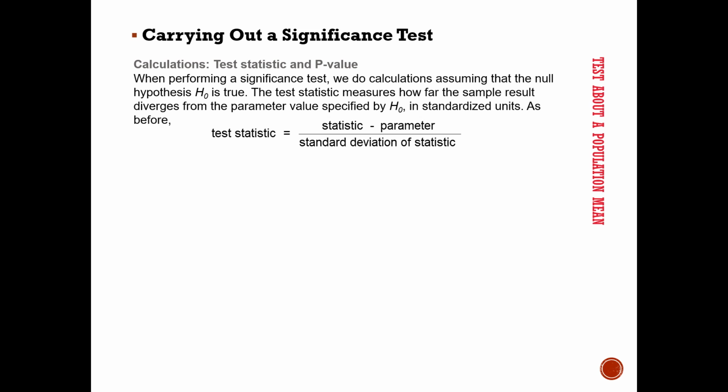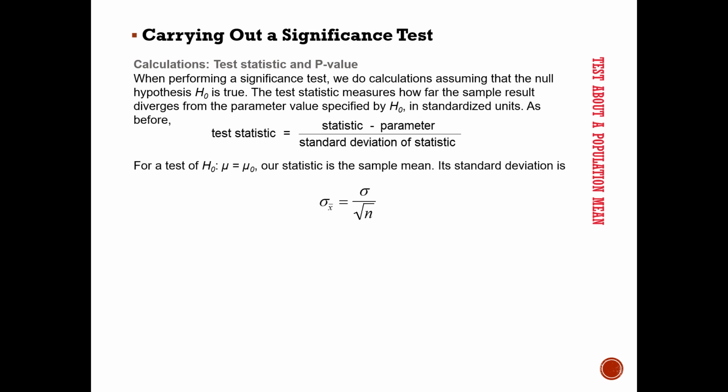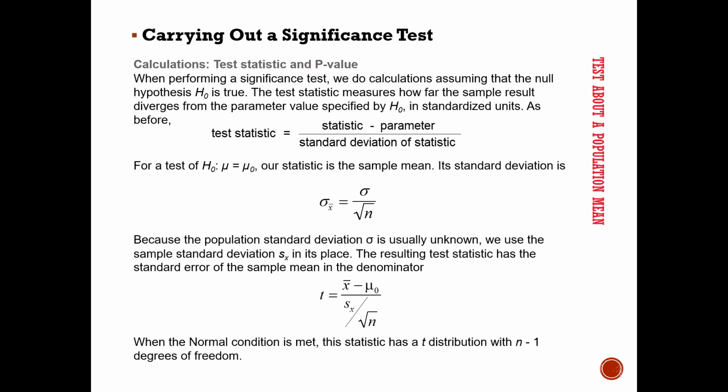Now let's look at what that actually looks like in the formula. This is the standard deviation for the sample mean. Now, because the population standard deviation sigma is usually unknown, we use that S sub x in its place. So the resulting test statistic t looks like this.